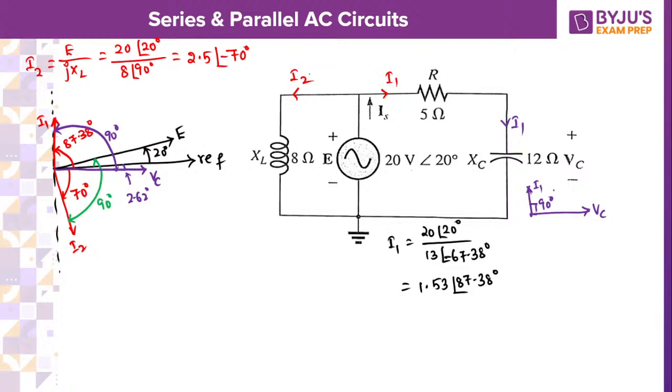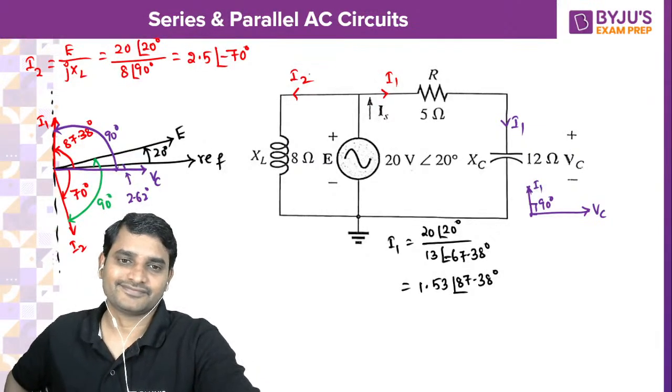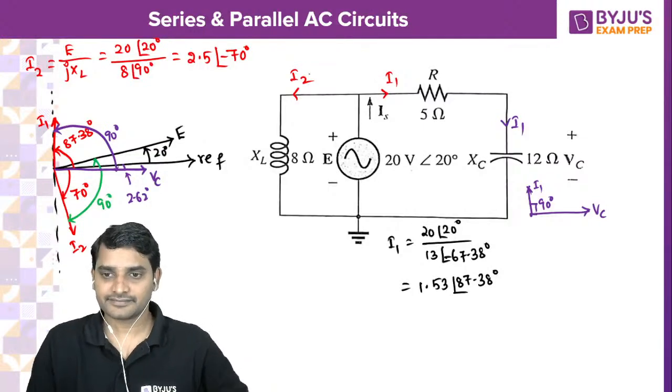So the capacitor current and VC are displaced by 90 degrees, or not? Is this clear for everyone? Phasors are very, very important, especially for electrical people. Is it clear for everyone?